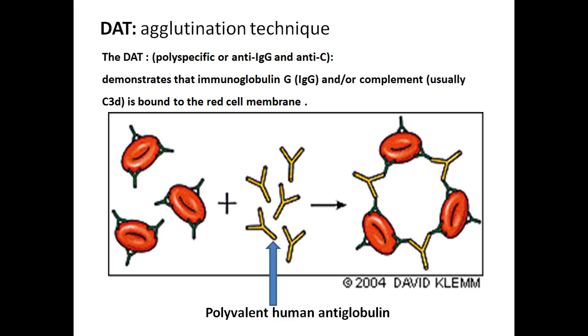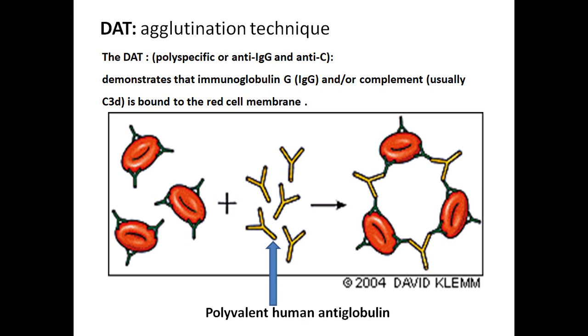Direct antiglobulin test. This agglutination technique. The direct antiglobulin test with polyspecific or anti-IgG and anti-complement demonstrates that immunoglobulin G and or complement, usually C3d, is bound to the red cell membrane.